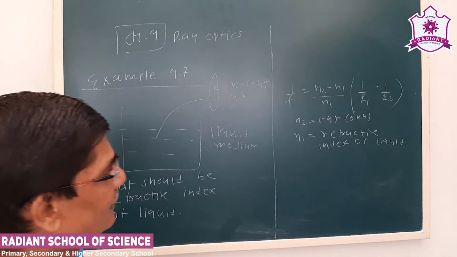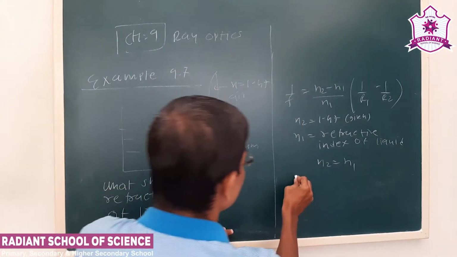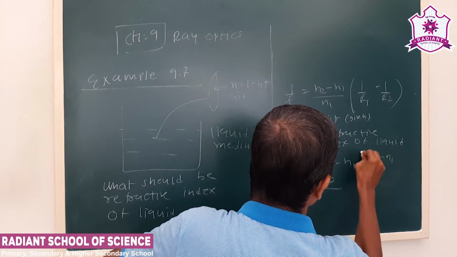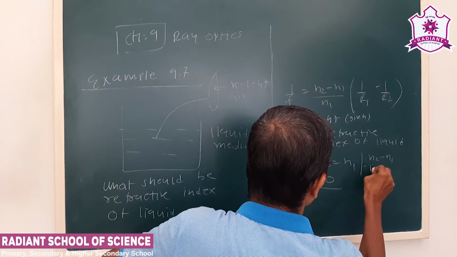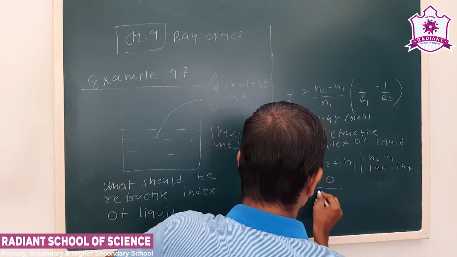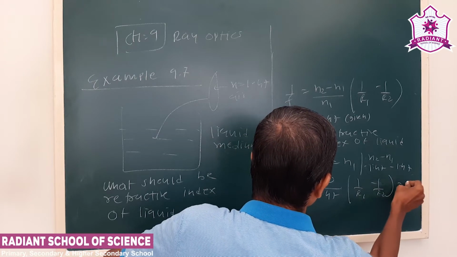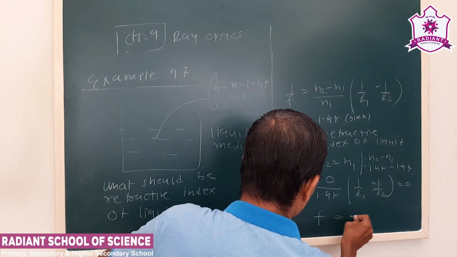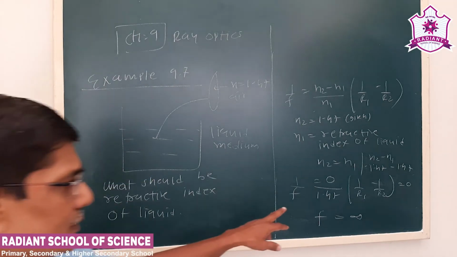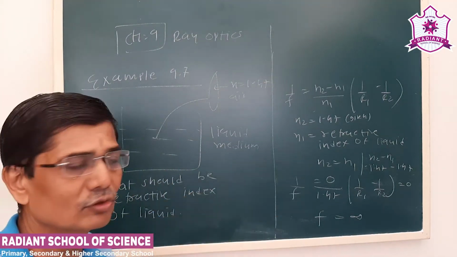If N2 and N1 are equal, then 1 upon F will be 0 since N2 minus N1 is 0, and F will become infinite. So for the lens to disappear, the refractive index of the liquid medium should be equal to 1.47.